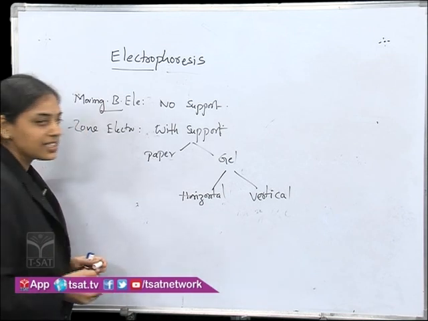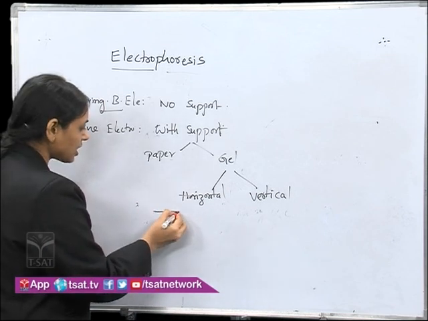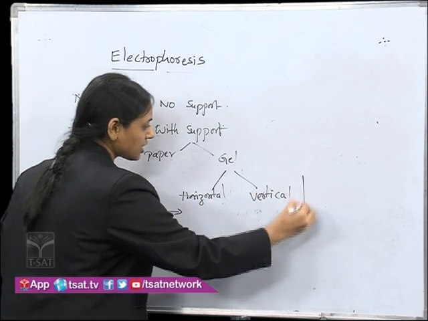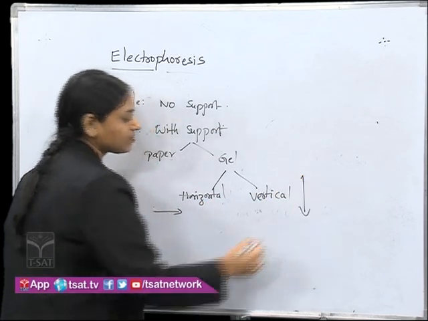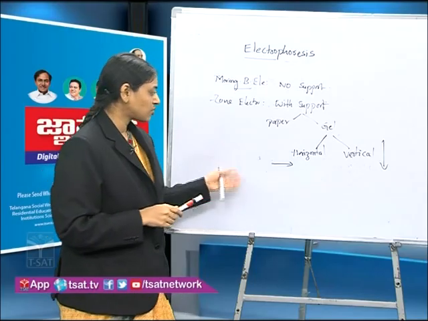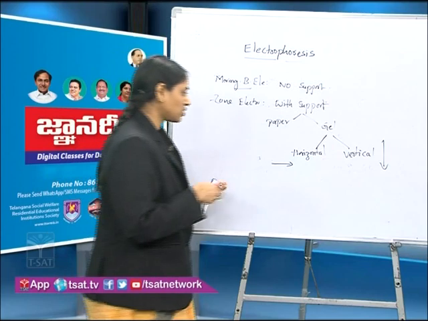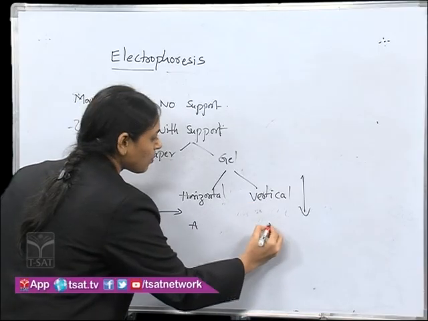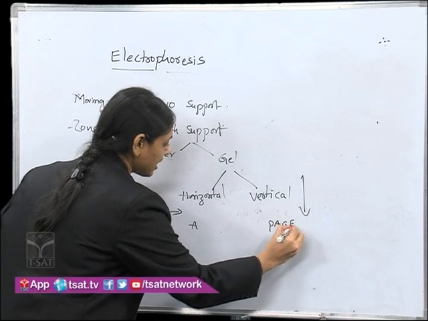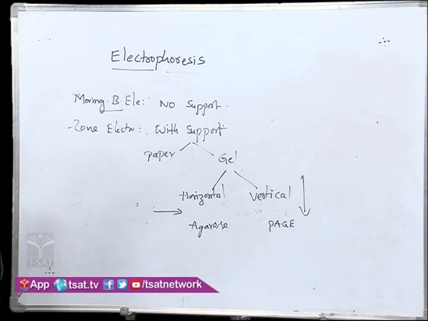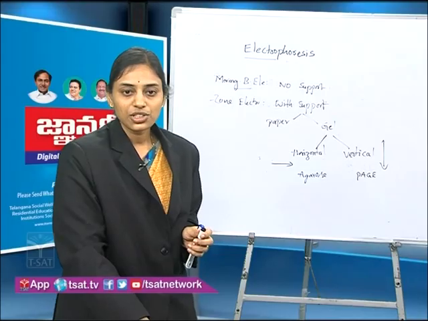In horizontal gel electrophoresis, we run the gel in horizontal direction, and in vertical gel electrophoresis, it would be vertical. The best example for horizontal gel electrophoresis is agarose gel electrophoresis, and the example for vertical is polyacrylamide gel electrophoresis. Let's see each of them in detail.